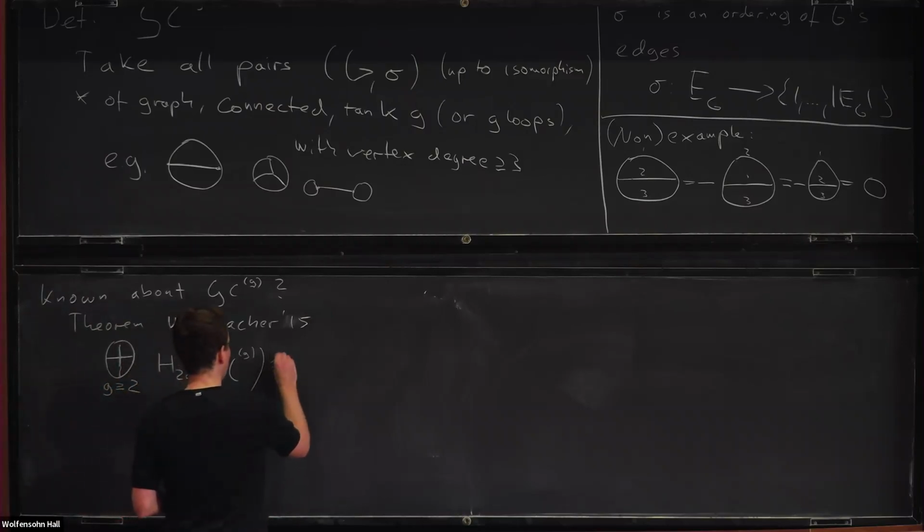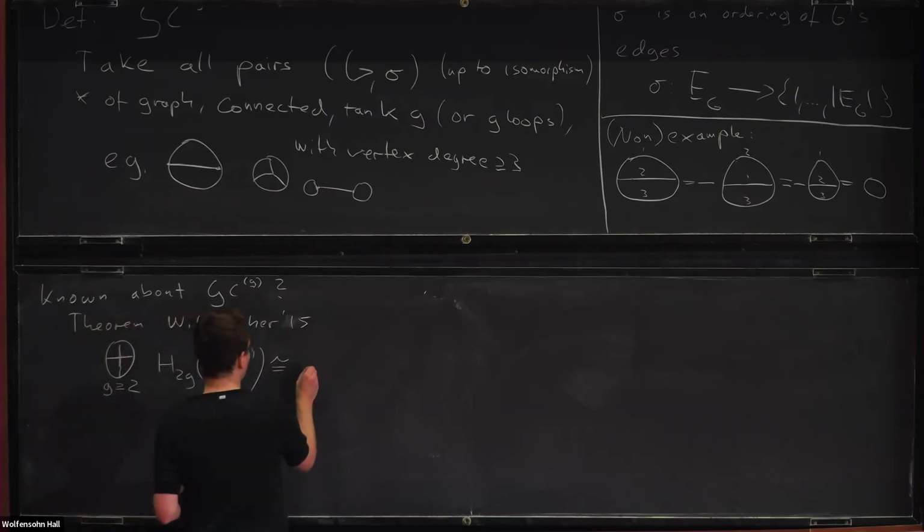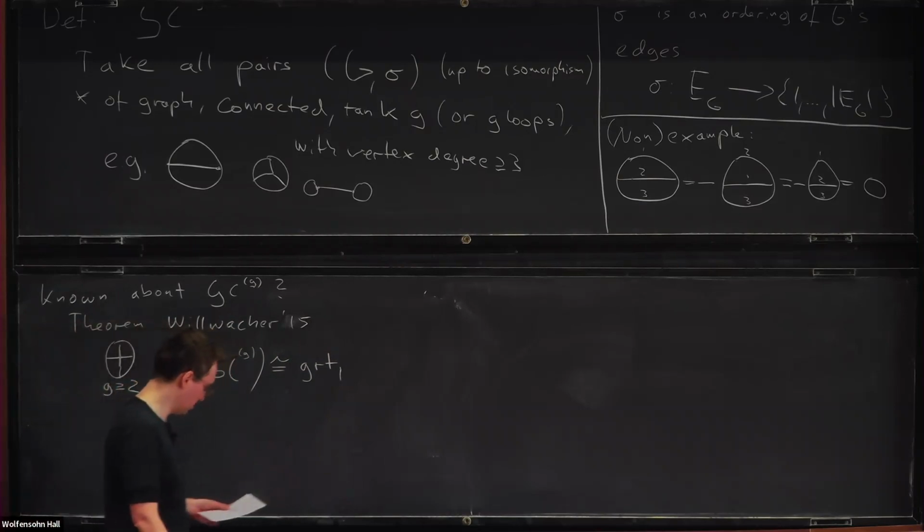And the theorem by Willwacher says that this Lie algebra structure gives an object called the Grothendieck-Teichmüller Lie algebra, which is a very mysterious object.